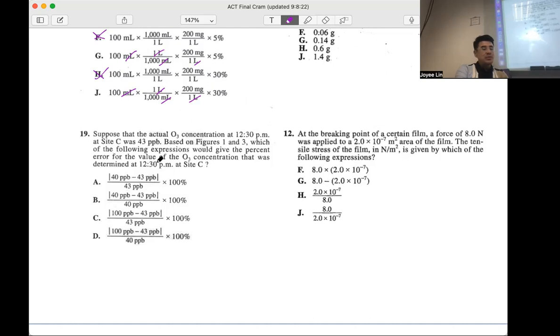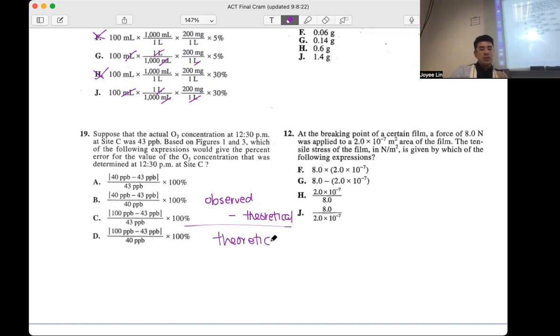So then how do you determine percent error? You all remember the percent error formula? It's the observed value, the measured value, minus the theoretical, over the theoretical, right?